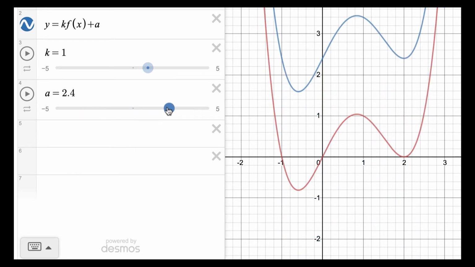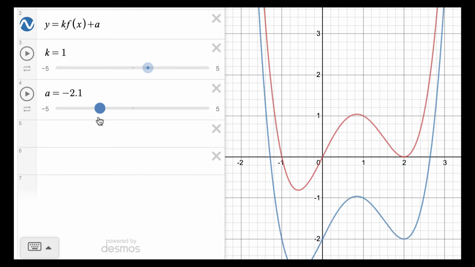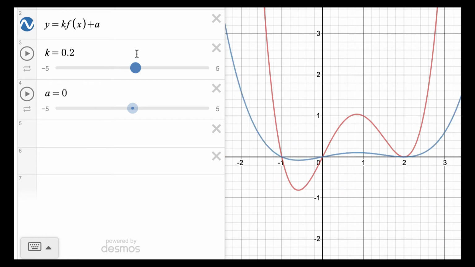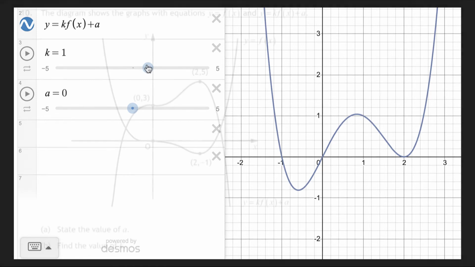So it slides up or slides down depending on the value of a. So bearing that in mind, and remember the scaling has no effect on points that actually are on the x-axis, let's go back to the question and see what we can make of it.